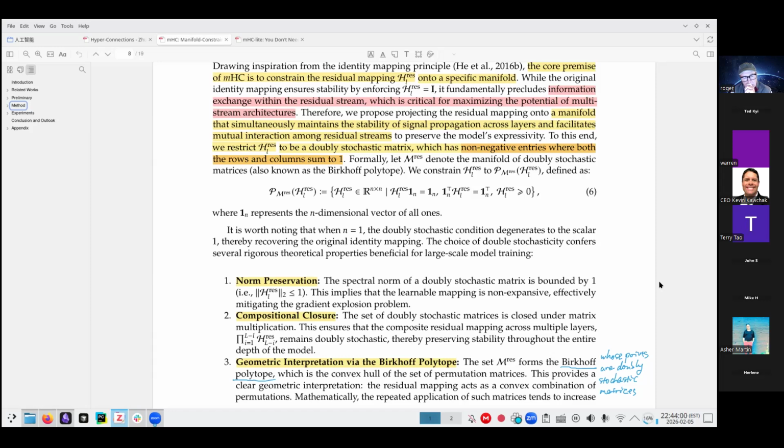But I think the other problem is there is no fast algorithm for calculating orthogonal matrices. In this paper, they will show there is a relatively fast algorithm for approximating doubly stochastic, but there isn't one as fast for orthogonal matrices.